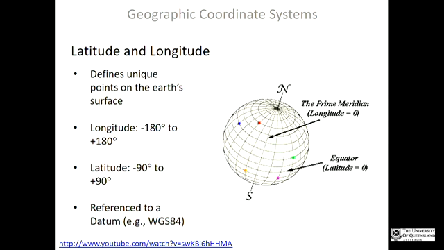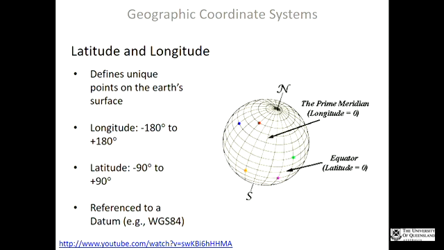Longitude is the east-west direction. These are lines that go around the Earth, identifying the east-west location. Longitude is measured in degrees, and you'll see in a moment why it's measured in degrees. Latitude and longitude are both measured in degrees.